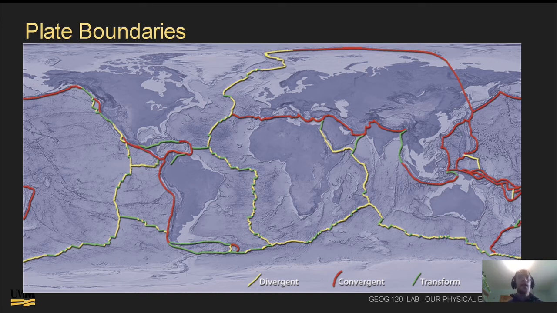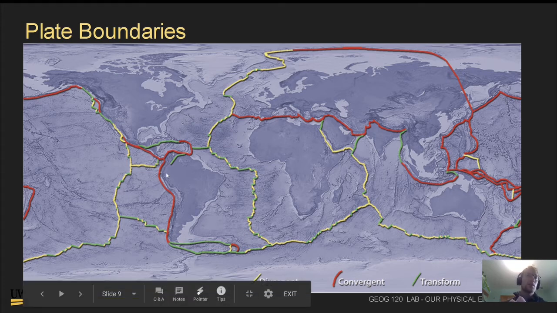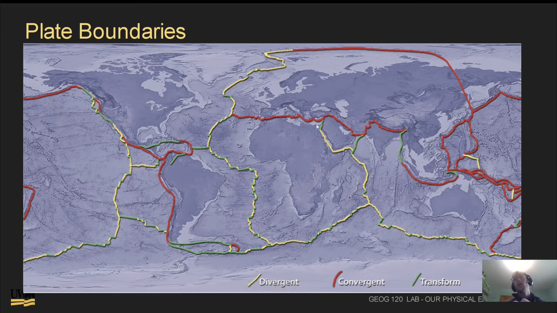So that is a really unique and very important plate boundary, with huge implications, because take a look at where some of these convergent plate boundaries are: along the west coast of South America, along the west coast of North America, and all throughout the Ring of Fire in Southeast Asia.